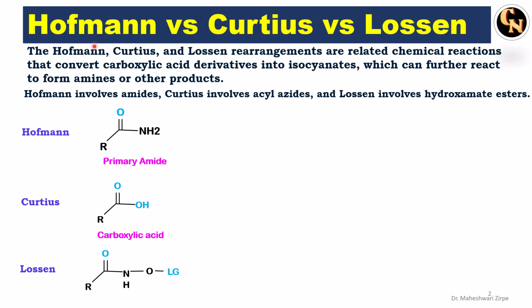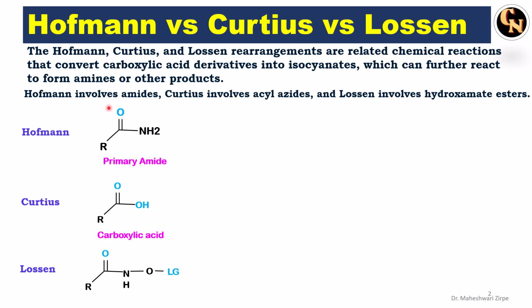So today we will be studying these three rearrangement reactions, that is Hofmann, Curtius and Lossen. All three rearrangement reactions have some similarity and they give similar products. Hofmann and Curtius rearrangements are related with converting carboxylic acid derivatives into isocyanates, and all are going to convert into amines or other products which are similar to amines.